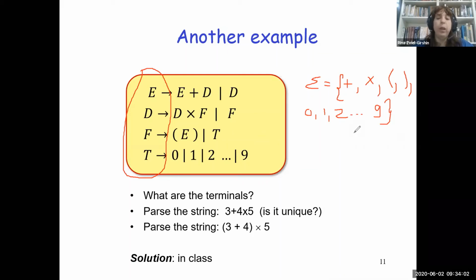Good. Now the second question. You are given an expression 3 plus 4 multiplied by 5, and you are asked to parse the string, to build a parse tree where you start from E as a root and derive the word 3 plus 4 multiplied by 5.